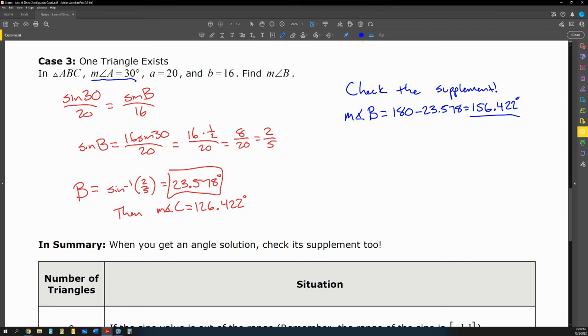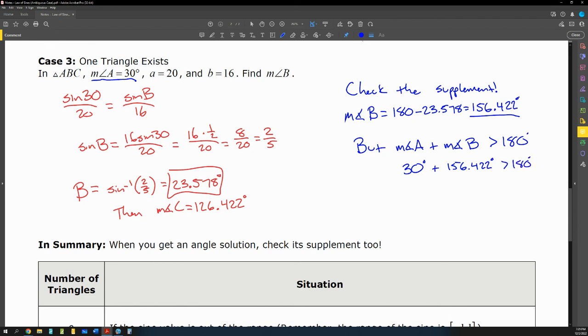Okay, so let's summarize. The measure of angle A plus the measure of angle B is greater than 180. And to be extra clear, that 30 degrees plus the 156.422 degrees is greater than 180 degrees.